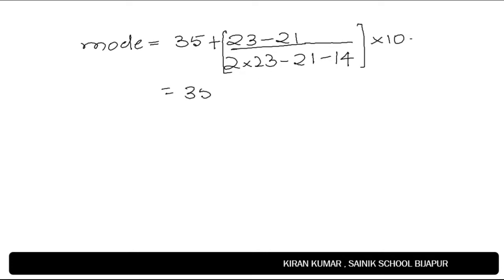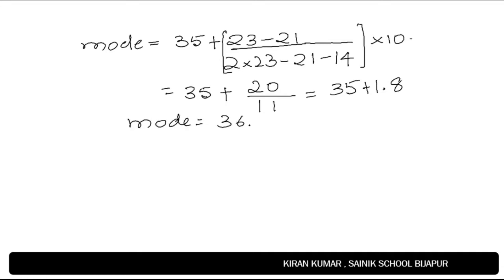So we get 35 plus, this becomes 2 multiplied to 10 will be 20 divided by 46 minus 35, it will be 11. So roughly we get it as 35 plus 1.8. So the mode will be equal to 36.8.